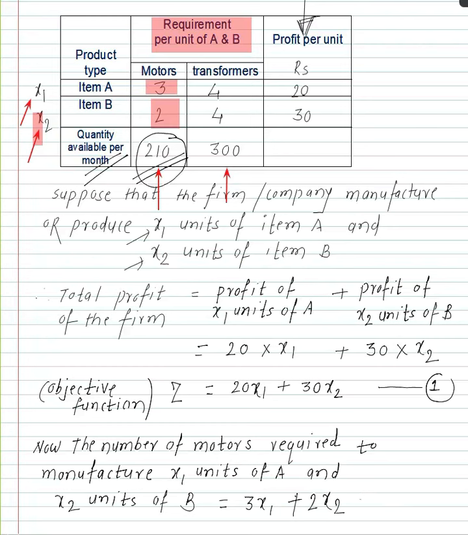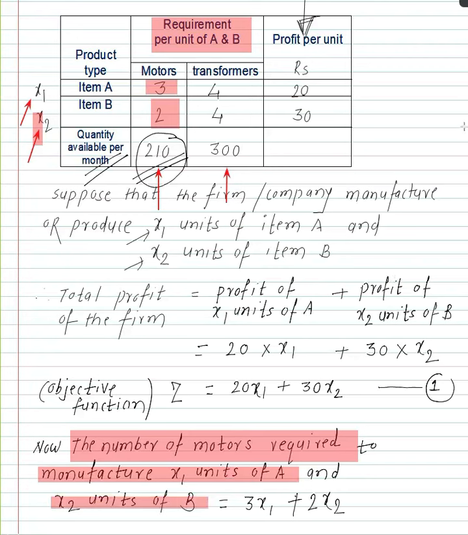So this total number of motors required should not be greater than 210 because only 210 motors are available.